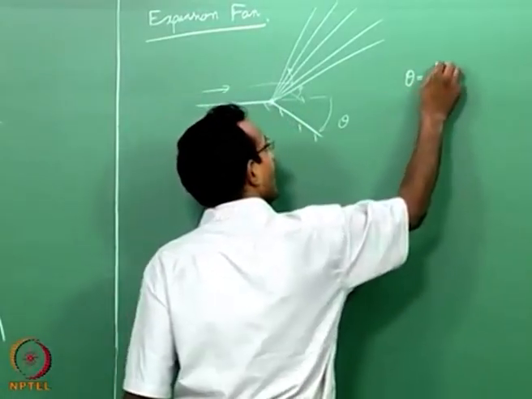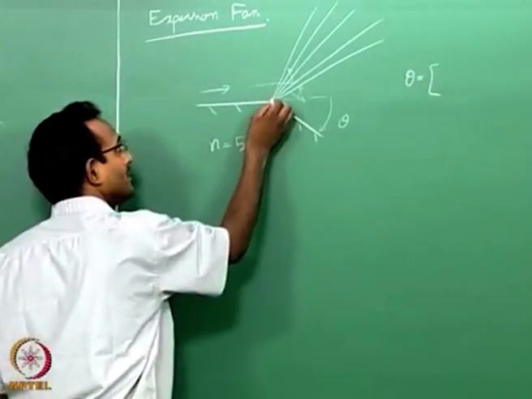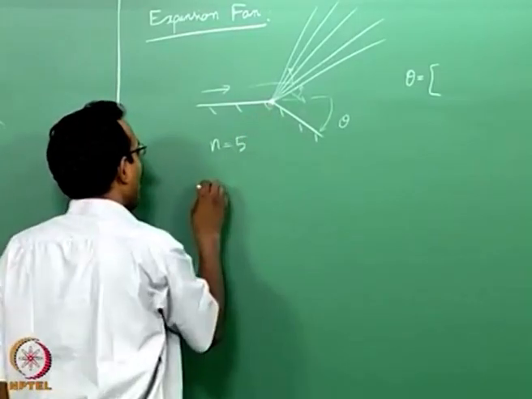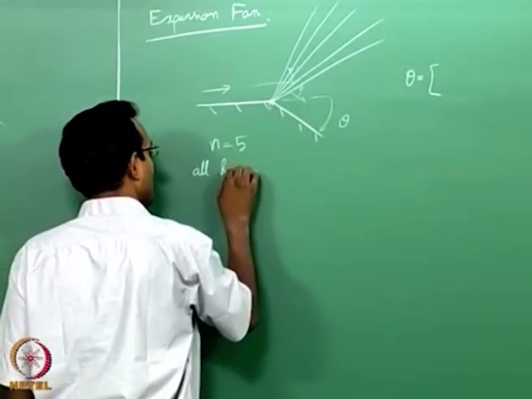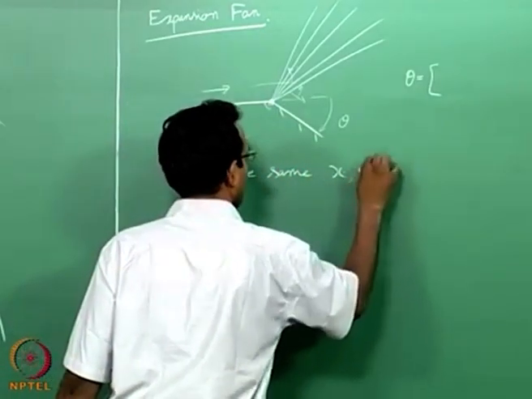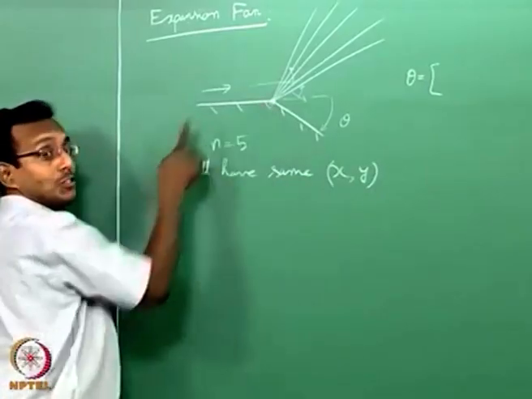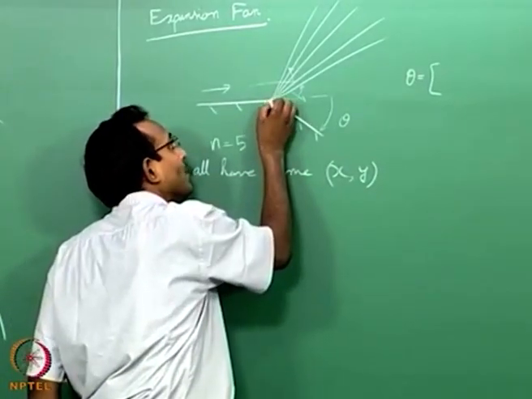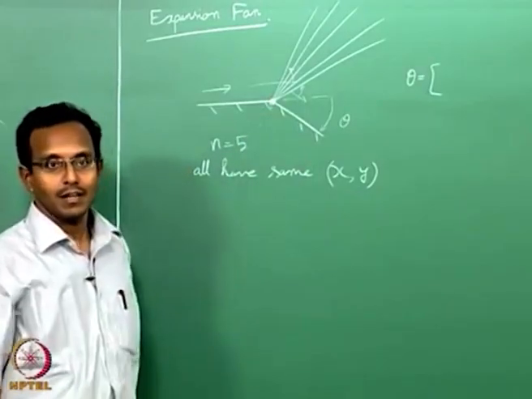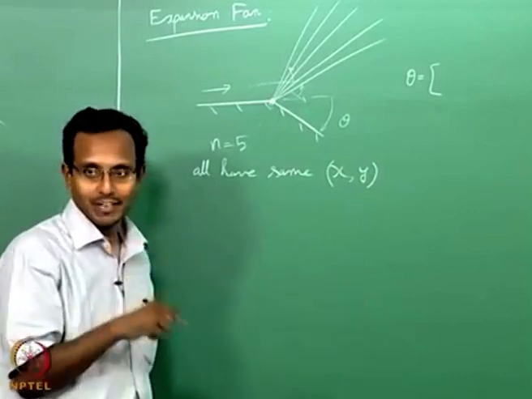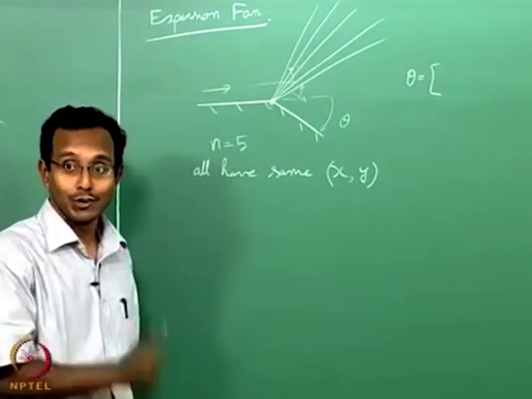I will have to create 5 points with exactly the same x, y location, that is that corner. All points have the same x, y, which is given by your wall geometry. I am going to put 5 points exactly one on top of each other, and I am going to process them in a serial order, n equal to 1, n equal to 2, n equal to 3, n equal to 4, n equal to 5, in that order only.